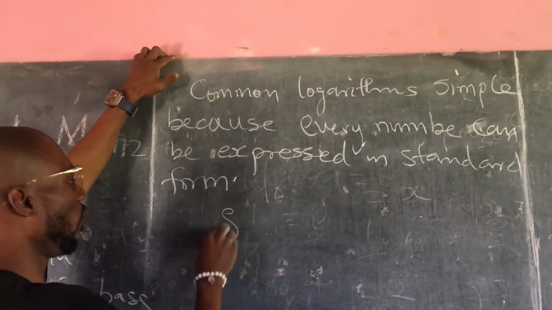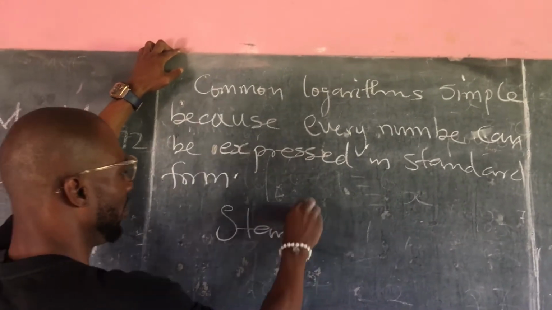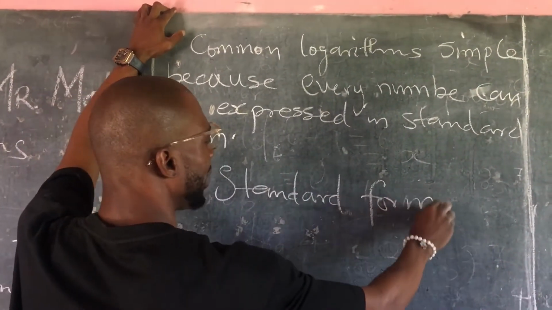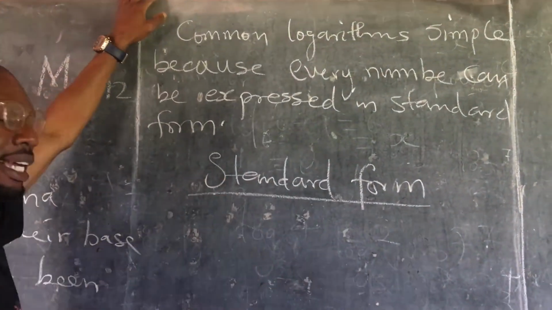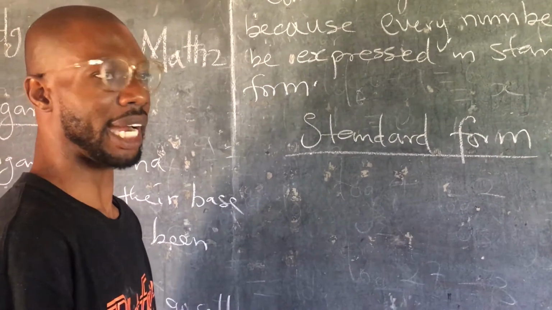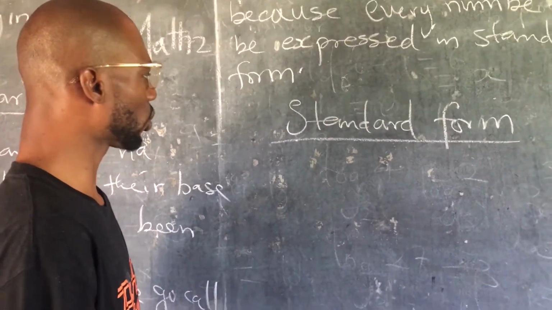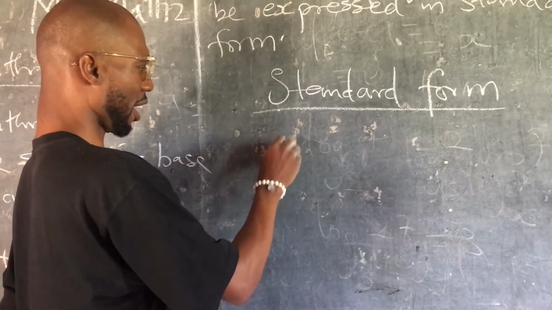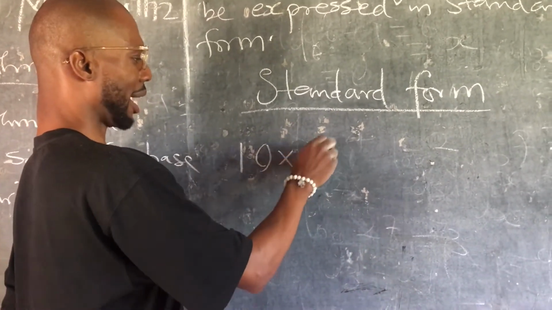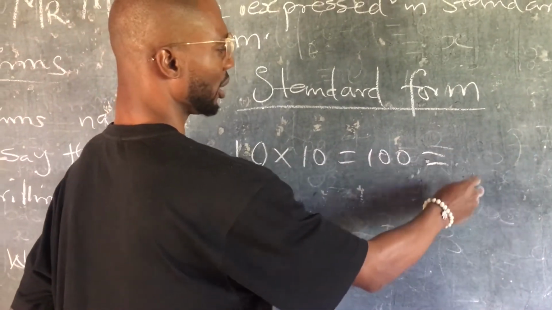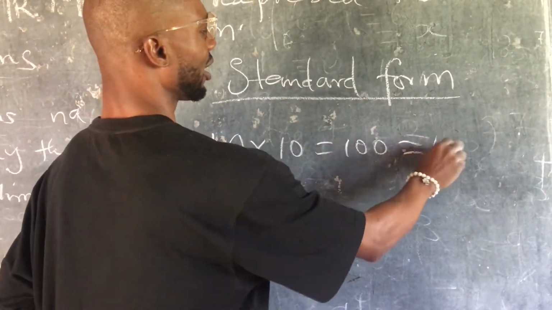Do you remember standard form? So, expressing a number in standard form. For standard form, we make reference to indices. You know that for indices, if I multiply 10 by 10, I will get 100, and I will call it 10 raised to power 2.